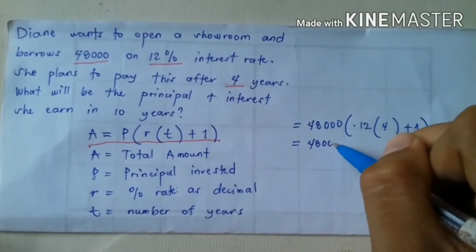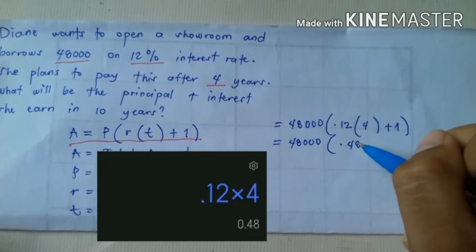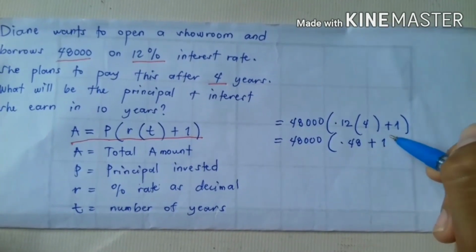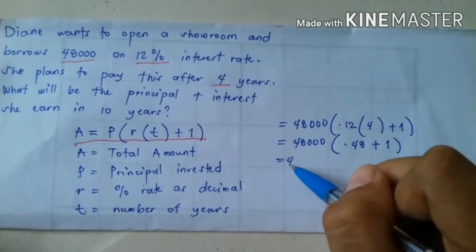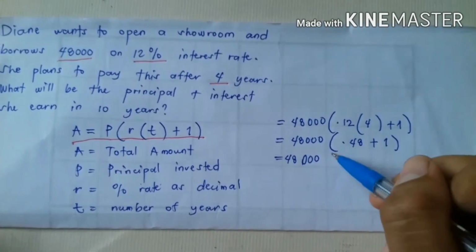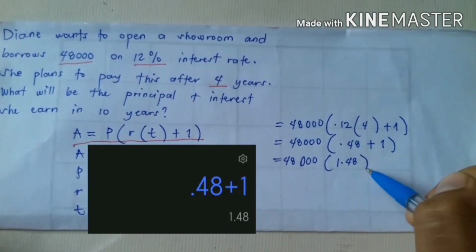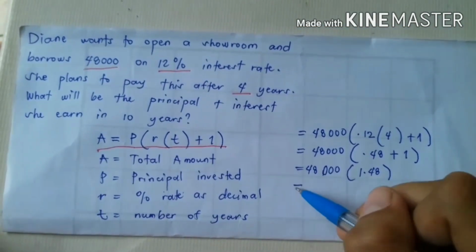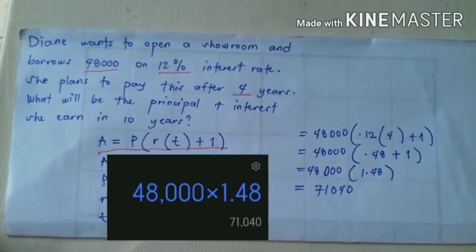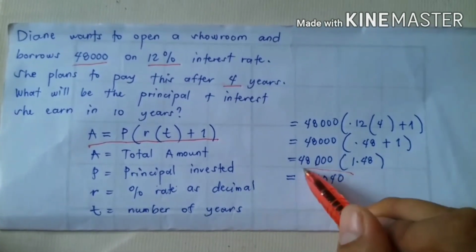We must first multiply the numbers inside the parentheses. 0.12 times 4 is equal to 0.48. 0.48 plus 1 is equal to 1.48. 48,000 times 1.48 is equal to 71,040. The total amount is 71,040.